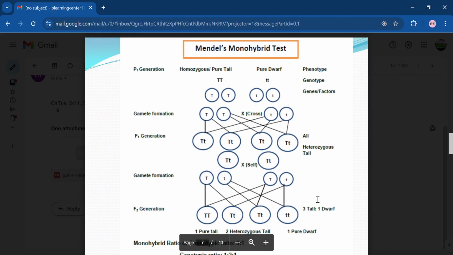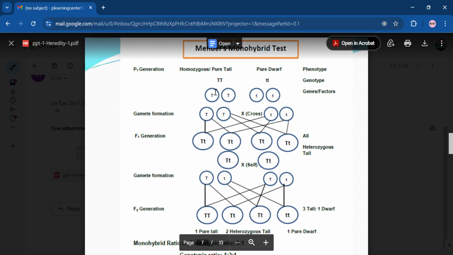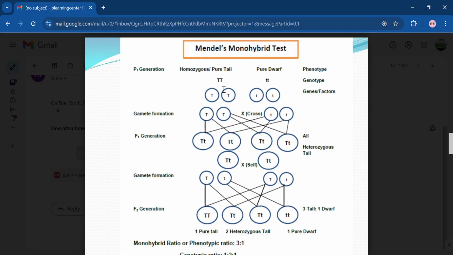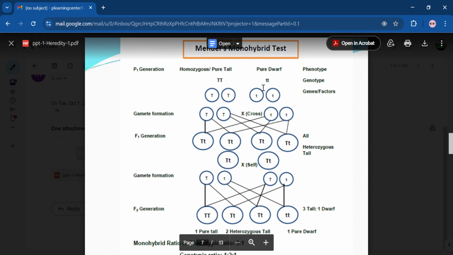First, Mendel performed the monohybrid test. Monohybrid means that if a single character is chosen for the test, it is called a monohybrid cross. First he chose homozygous pure tall, which means capital T capital T. Its recessive is pure dwarf, small t small t.